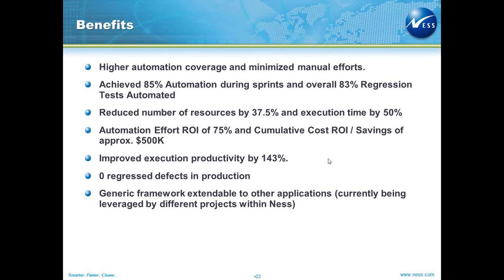The automation effort ROI has been 75 to 85%, and this has been around 500K as I showed in the slide before. The productivity definitely has increased to 143%. The quality speaks when we say there are 0 regress defects in production, and the framework that has been developed is extendable to almost all other applications that are using automation within our company.